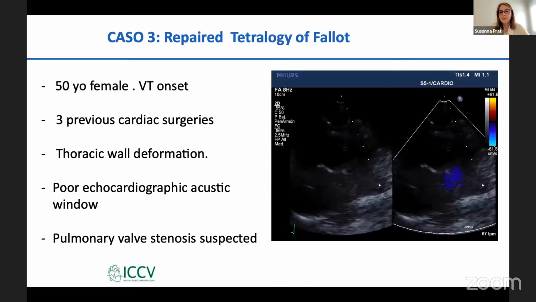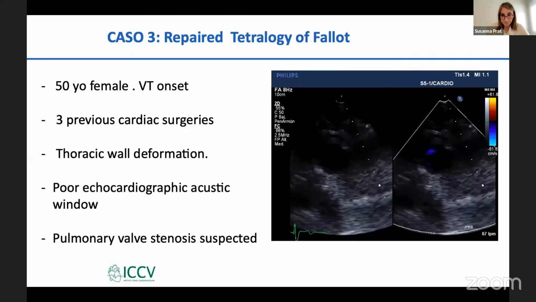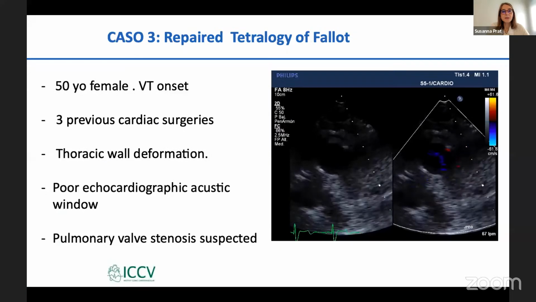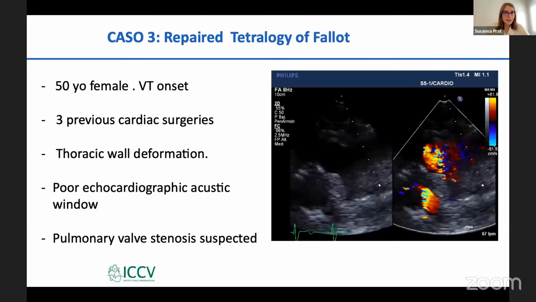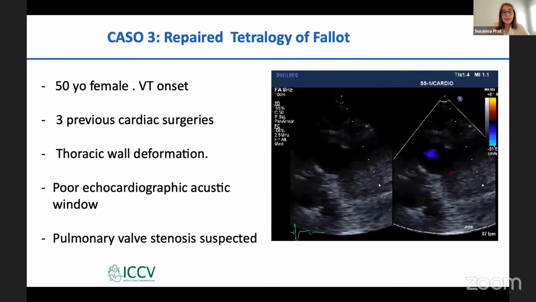And here we'll continue with a case of our practice that was a 50-year-old female that came to the ER with a ventricular tachycardia. She said that she had 3 previous cardiac surgeries, and we could see thoracic wall deformation.